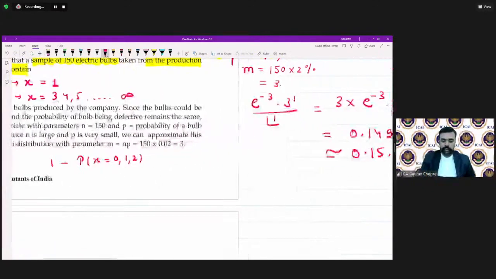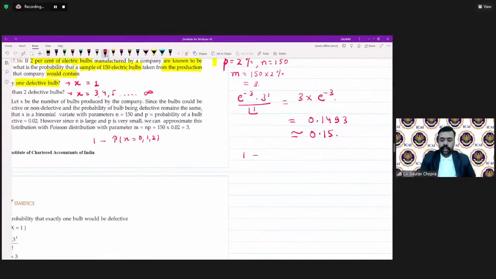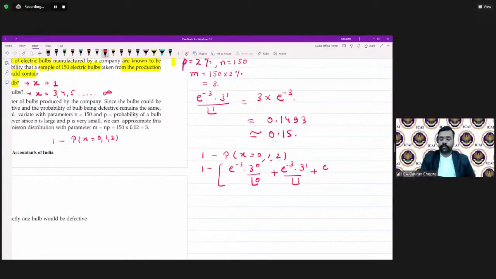So let's solve this. 1 minus probability of x equal to 0, 1 and 2. So e to the power of minus 3, 3 to the power 0 upon factorial 0, plus e to the power of minus 3, 3 to the power 1 upon factorial 1, and then 3 to the power of 2 upon factorial 2.